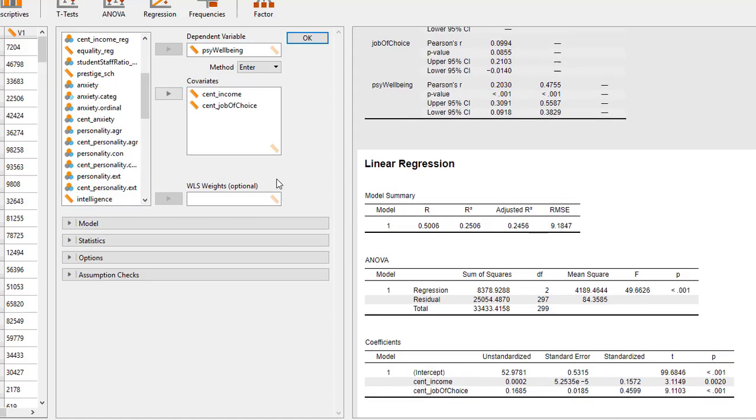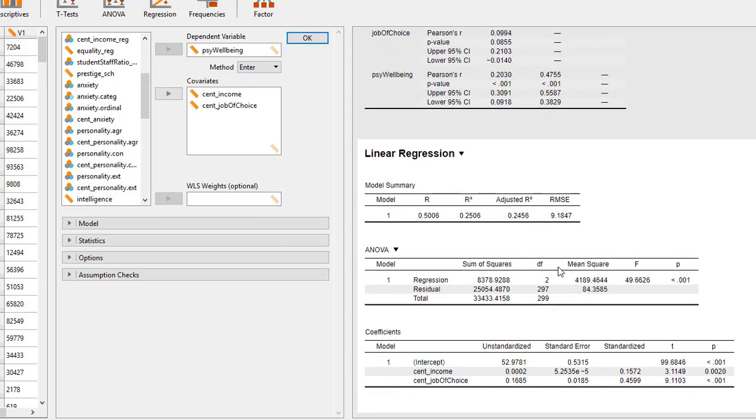We put them as covariates, and here we've got the table that shows us the regression coefficients. Okay, so basically here for center income, we've got the unstandardized coefficient with the standard error and the standardized coefficient. And for center job of choice, unstandardized with standard error and standardized.